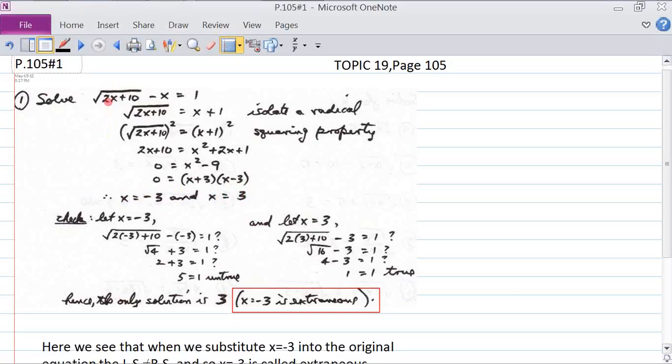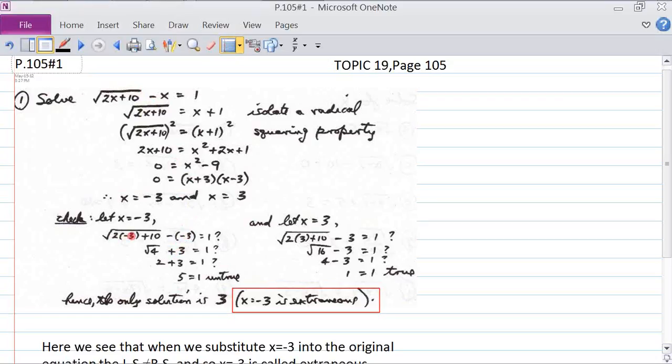Now we have to go back and put the two values back into the original equation. Here we put the two values back in. So let's start with x equals minus 3. We have 2 times minus 3 plus 10. And then here we have minus minus 3, because there's a minus in front, and the x itself is minus 3, so this becomes plus 3.